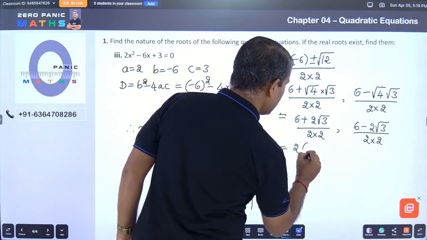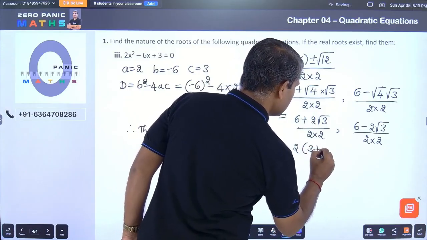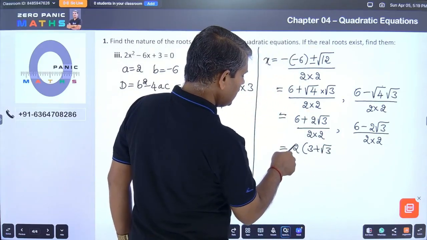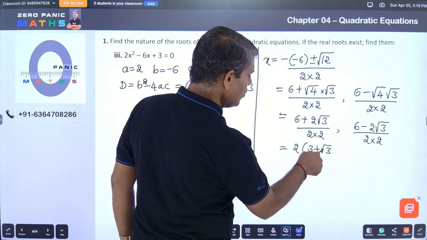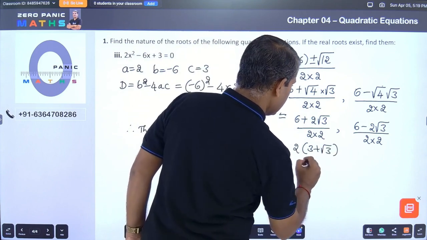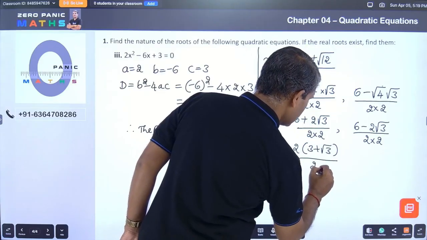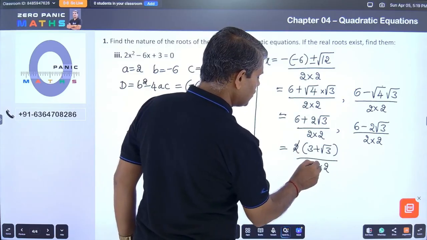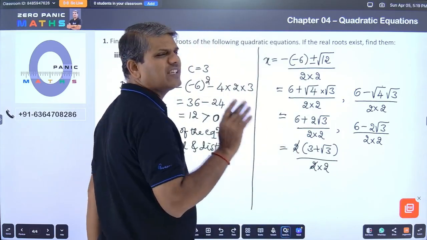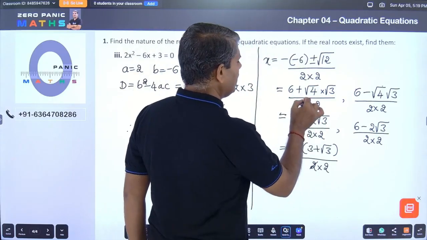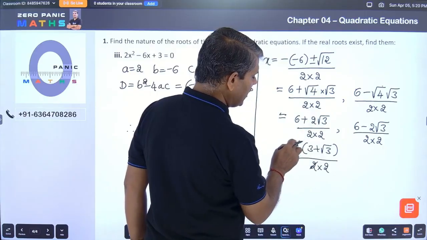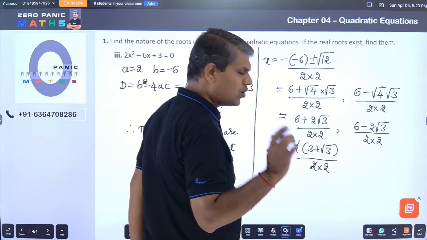Okay, and what remains inside this is 3 plus square root of 3. Fine, right? See, 2 3s are 6 and 2 into square root of 3 divided by 2 into 2. Now you understood why I was keeping that 2, because I just wanted it to be cancelled later. That's all. Okay, even if you write 4 here also, later you can multiply that with 2 ones and 2 twos, that is also fine.